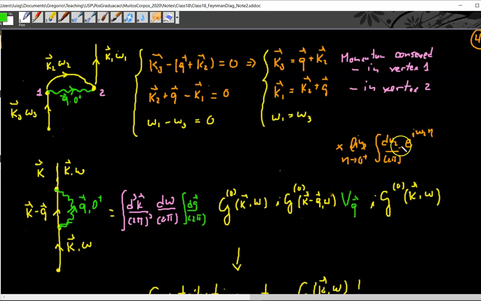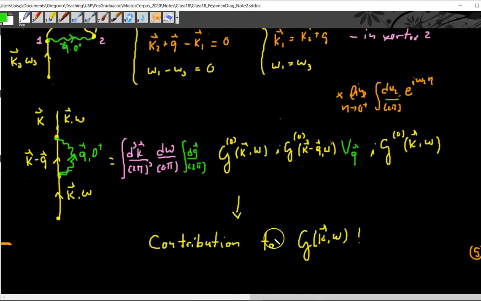There's this integral in omega 2 that I mentioned I have to take care with, with omega 2 eta here. And finally I have the integral in dq from the vertex. So this diagram is represented by this product of three propagators and the interaction. So this will be the contribution of this diagram to the interacting time-ordered Green's functions at momentum k and omega.